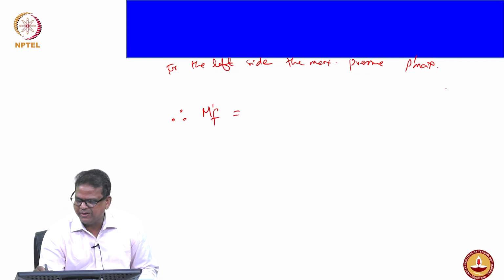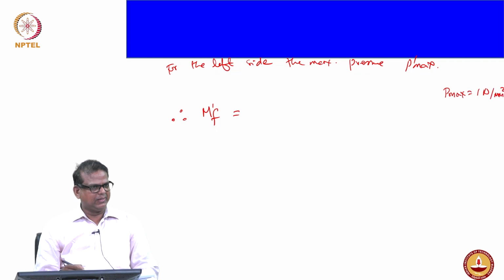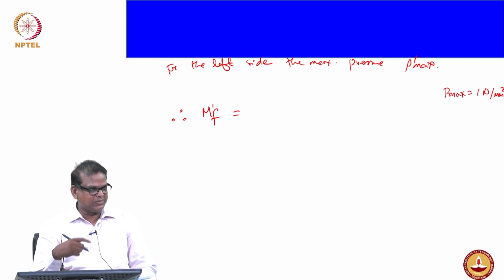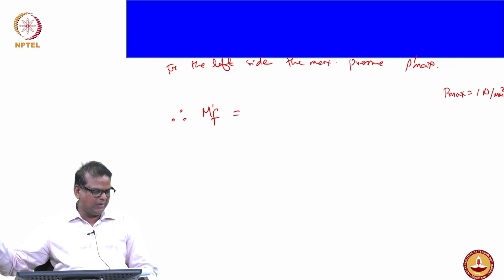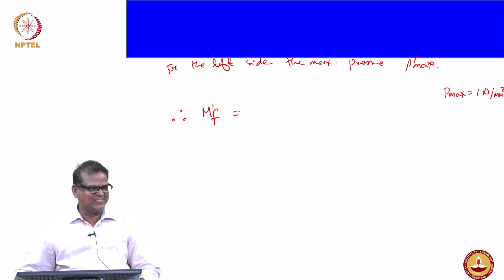Already I know my P max equals 1 Newton per millimeter square, which is already given to us. So, based on the proportion of the pressure on the leading and trailing shoe, the corresponding MF and Mn would change.